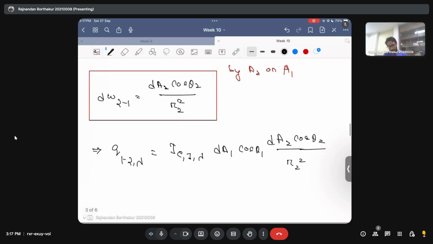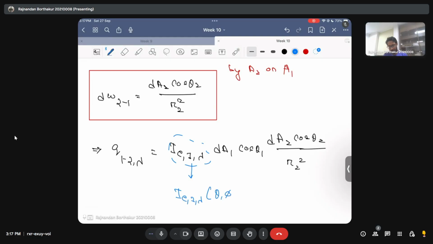All right, but there is a catch here. You need to understand that this intensity of radiation emitted by 1 as a function of lambda is essentially a function of theta, phi, and of course also of lambda.